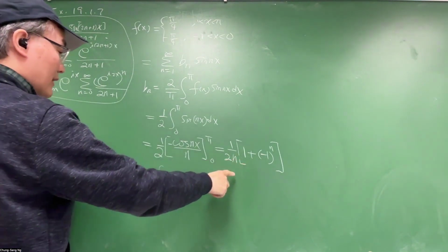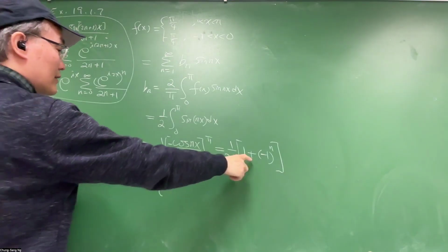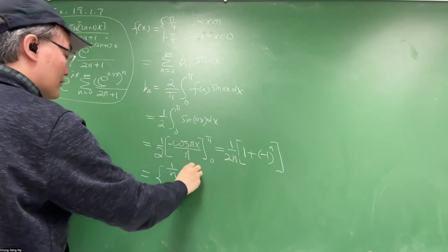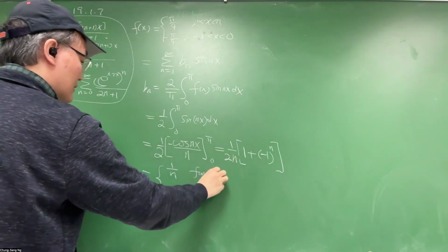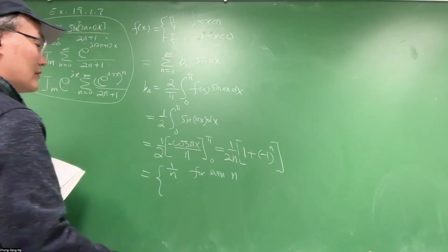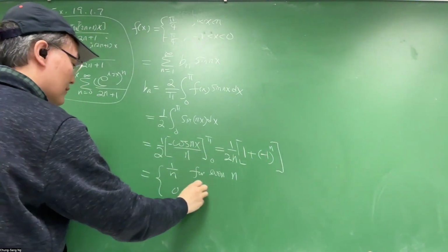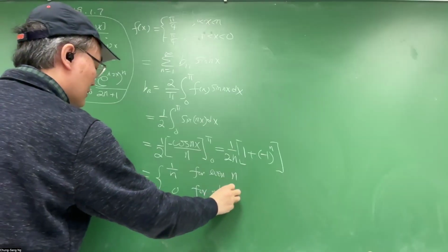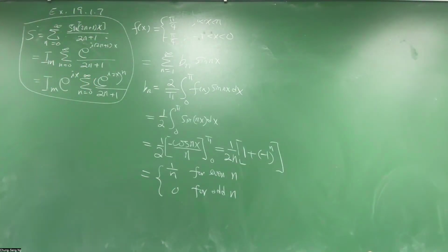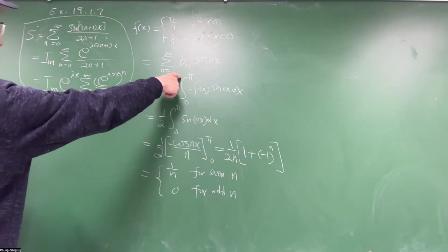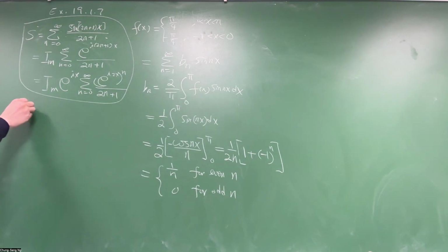So basically when n is even, you got 2 divided by 2 is 1 over n. Even. When n is odd, this is minus 1, so this is 0. So it means that these are b sub n, so f(x) go back to here. f(x) is just this one.